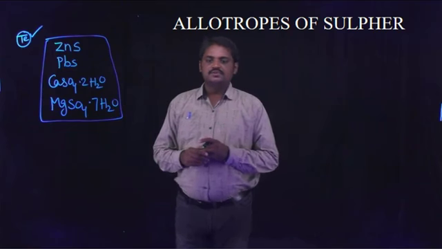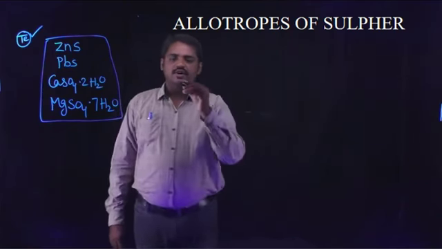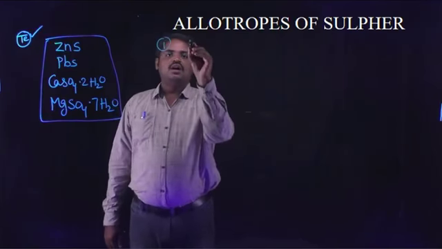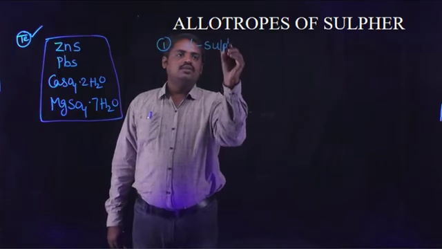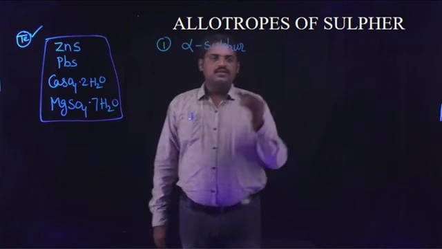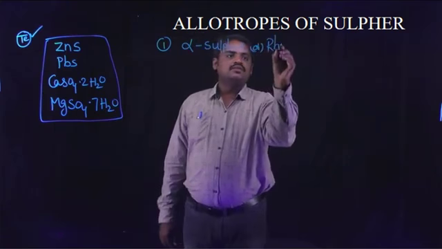For example, sulfur is available in different forms. The first one is alpha sulfur, another name is rhombic sulfur.